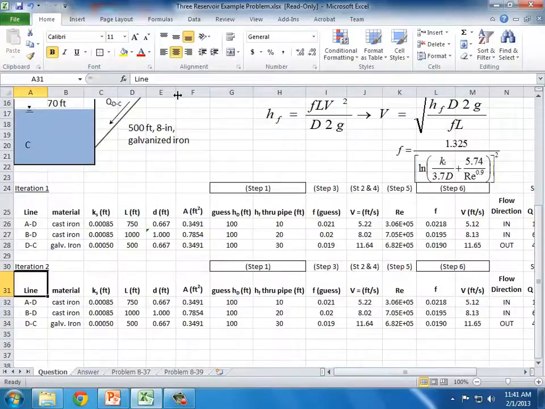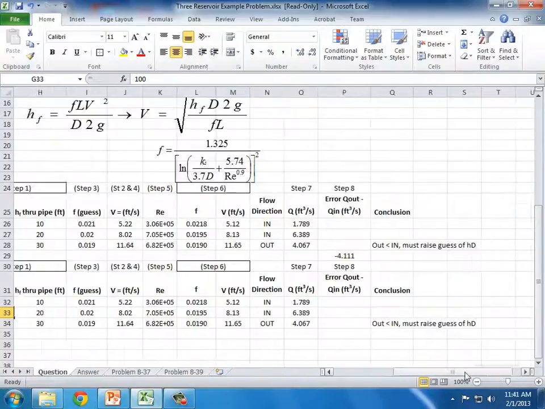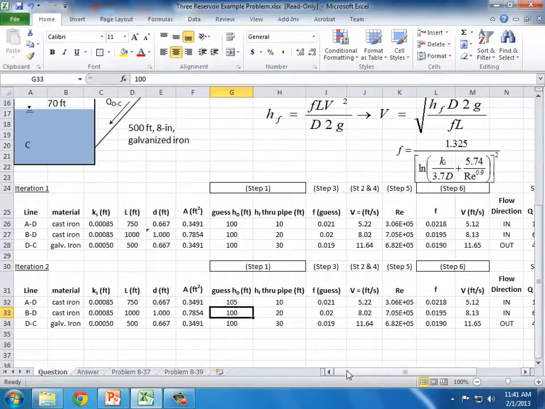What's going to be different in iteration 2? I want to guess a different value of h sub d, so I'm going to say 105. I decided in the last one that I needed to raise my guess of HD. This doesn't tell me how much, but it tells me I need to raise my guess. Instead of typing in 100, I'm going to have it reference this other cell. That saves me from having to type in 105. So the guess of the head is for all of those.